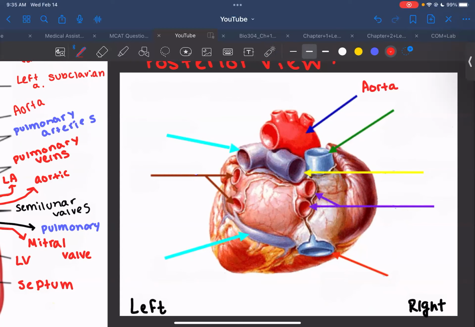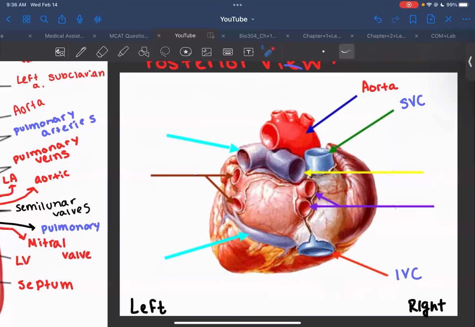So we're going to start with the aorta. Here is the superior vena cava. Remember, that's one of the entrances into the right atrium. And that other entrance is going to be right here, the inferior vena cava. But there is another one, and I'll leave that for the very end. We also have here the right and left pulmonary arteries.